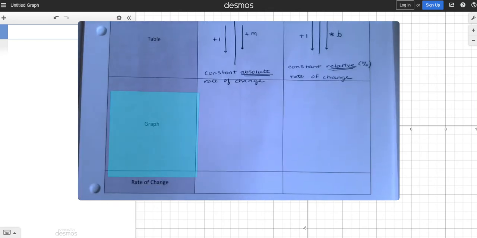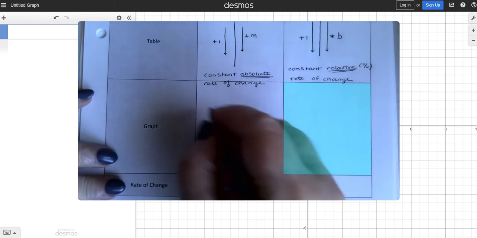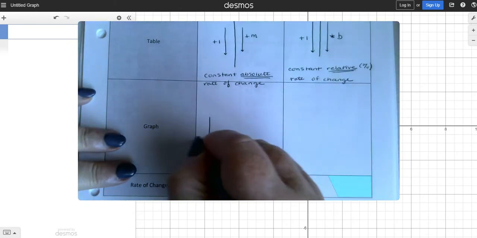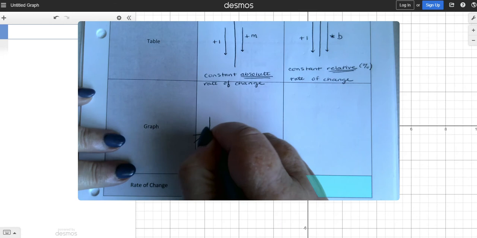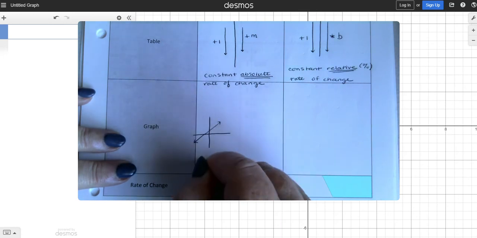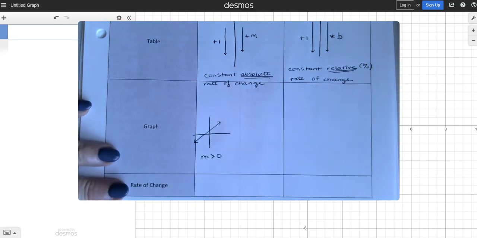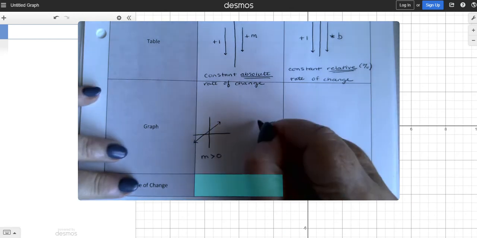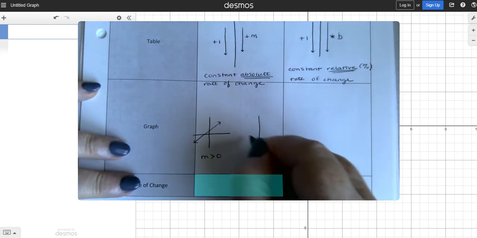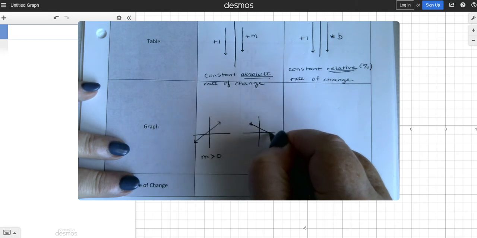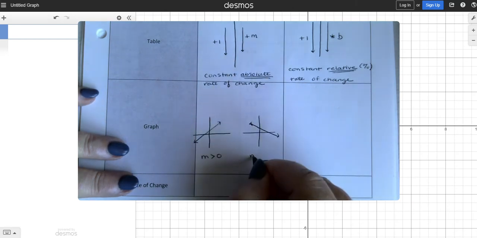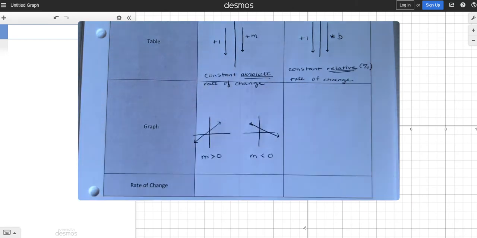All right, graphically, these guys are pretty easy to recognize. A linear function with a positive rate of change or positive slope looks like that. And a linear function with a negative rate of change or a negative slope would just be a downhill line.